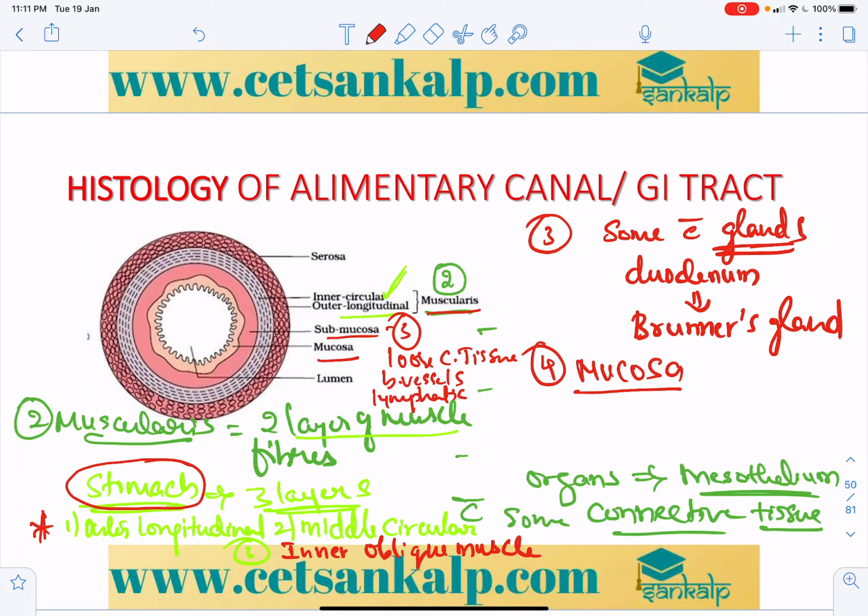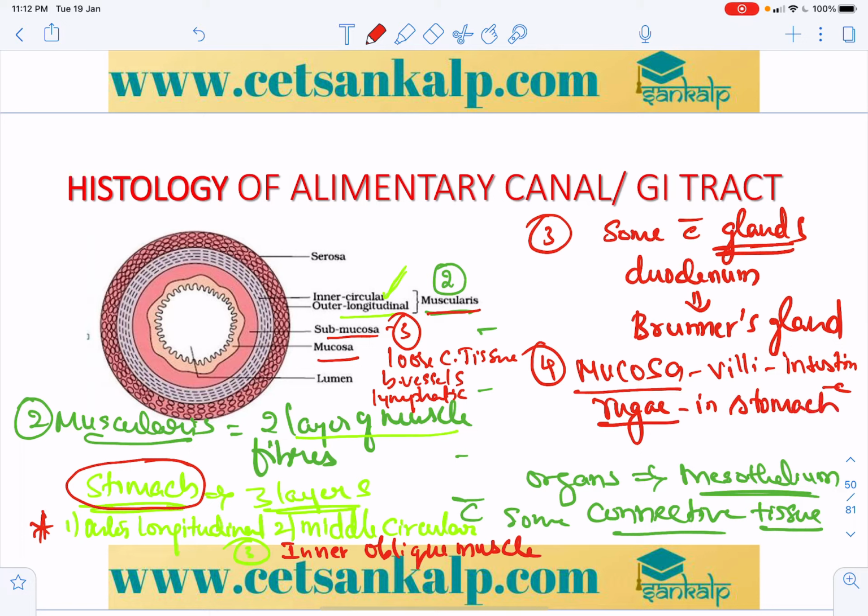Mucosa lines the lumen and is made up of different types of cells in different organs, like villi in the intestine and rugae in the stomach.